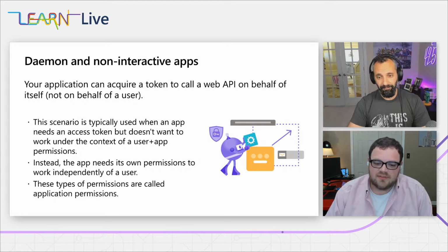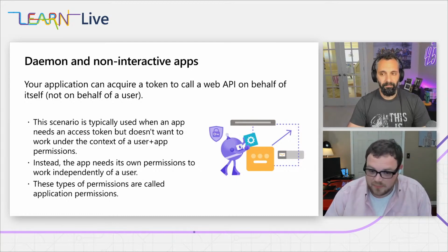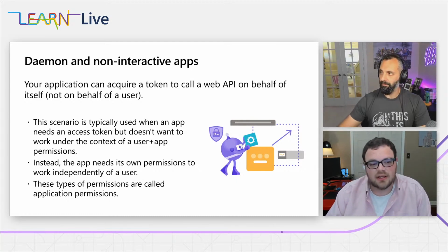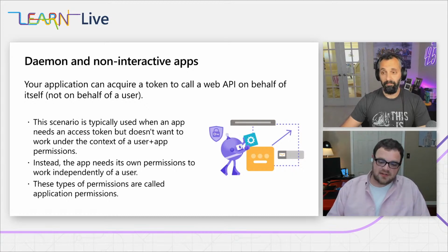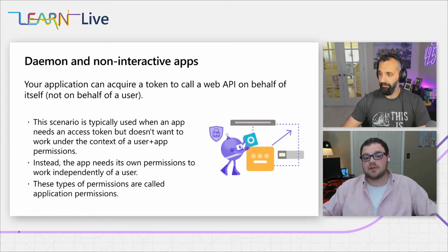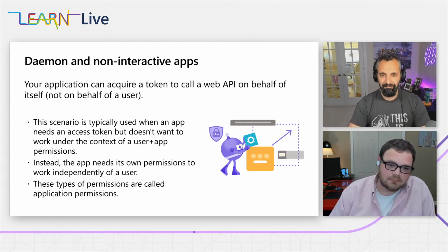Yeah, so with these kinds of apps, the app itself is the thing that has an identity. So instead of us using, say, a user identity to call the Graph, for example, to figure out a user's display name or to read their mailbox or read their calendar, these non-interactive apps, because we don't have a user, can't see a specific user's data. They tend to get access to all the data, say, in your organization.